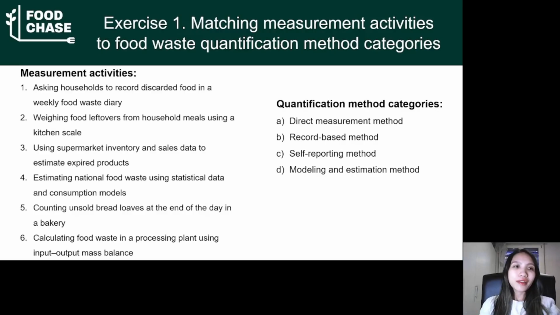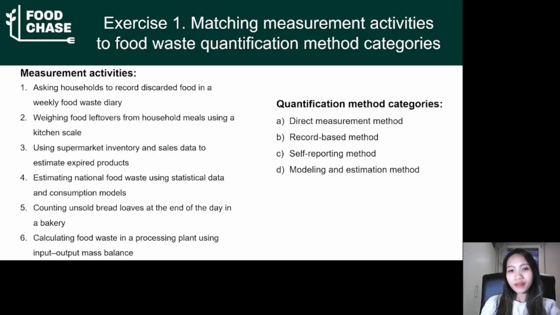In the first set, which is measurement activity, we have asking household to record discarded food in a weekly food waste diary. Then weighing food left over from household meal using a kitchen scale. Using supermarket inventory and sale data to estimate expired food product.